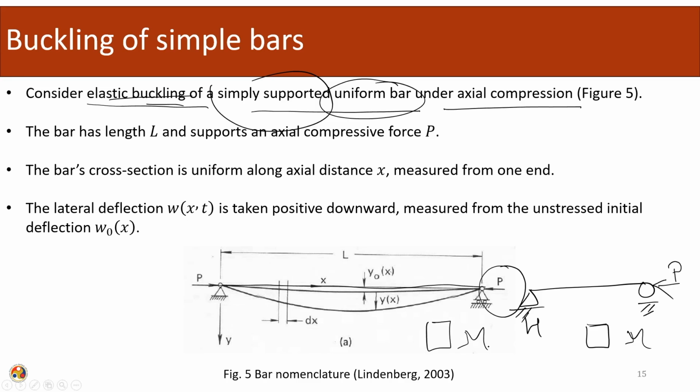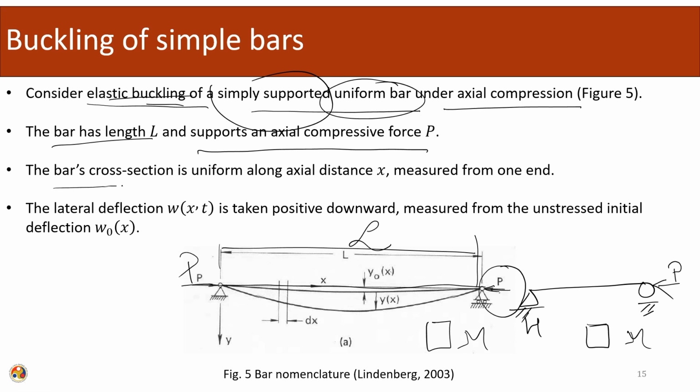The bar has length L, the total length of the bar is L, and it supports an axial compressive force P. So, the load is applied at P here and there is a reaction P out here at this end. The bar's cross section is uniform along axial distance. It means that wherever we cut the bar, we will have the same uniform cross section.